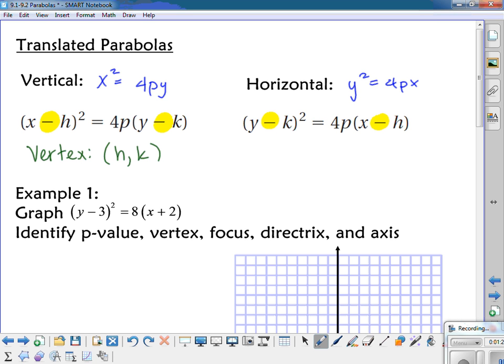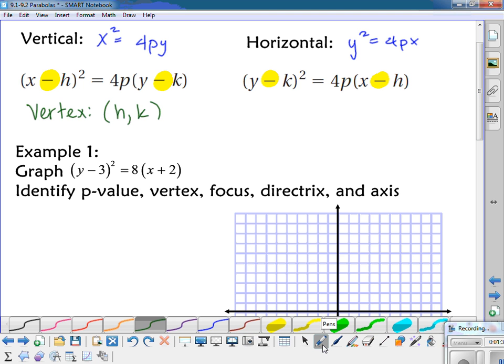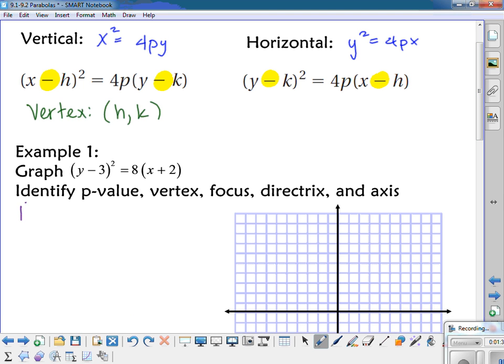So for example 1, we've got (y - 3) squared equals 8 times (x + 2). So we've got the y being squared. So is this one horizontal or vertical? It's horizontal. And if I look at my 4p, it's positive.